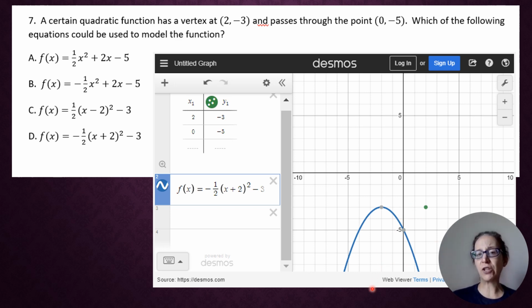To do a regression, we really need to have another point. And so if we remember that parabolas are symmetrical, I know that if (0, -5) is on the parabola, this point right here, right at the edge of where my video is, that also needs to be on this parabola. And so that would be the point (4, -5).